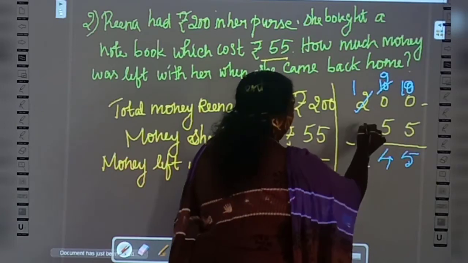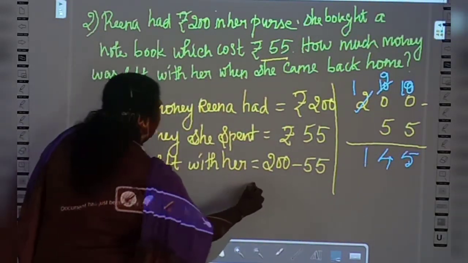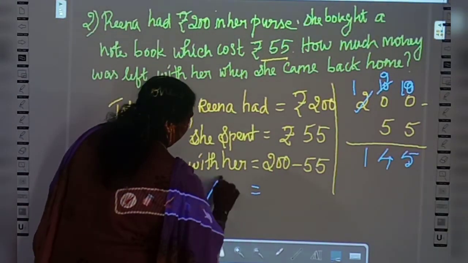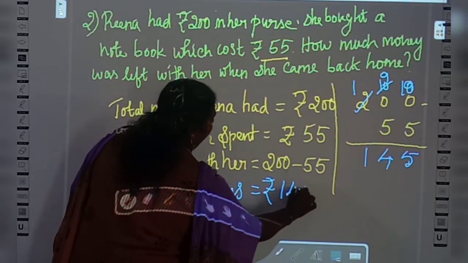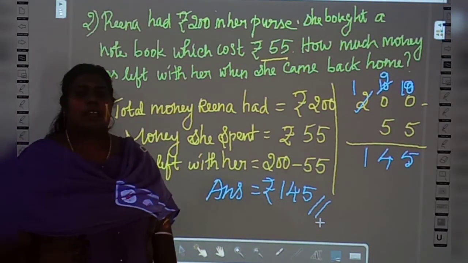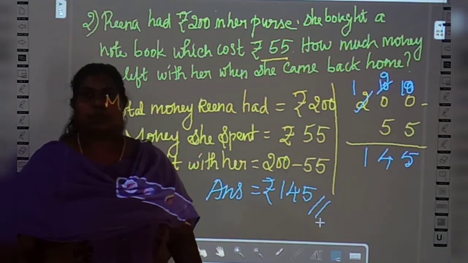So the answer, how much money is left with her? Answer equals rupees 145. Do you understand? Yes. So like that you have to calculate the story sums.